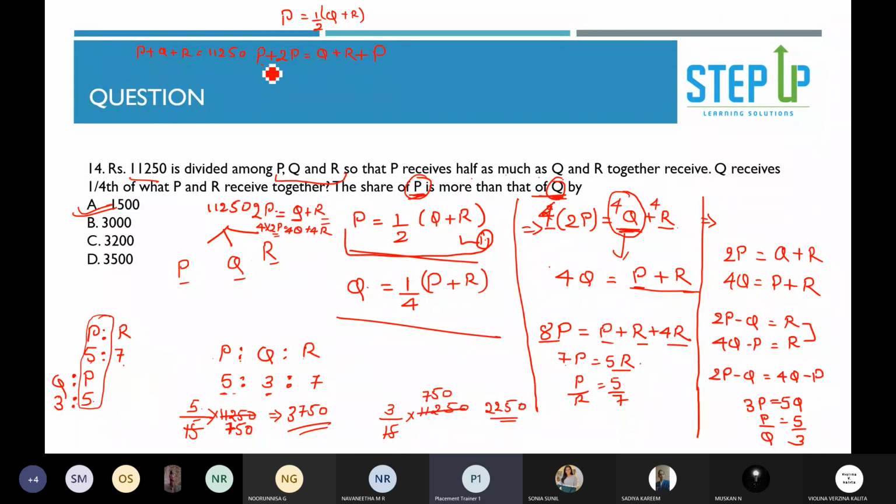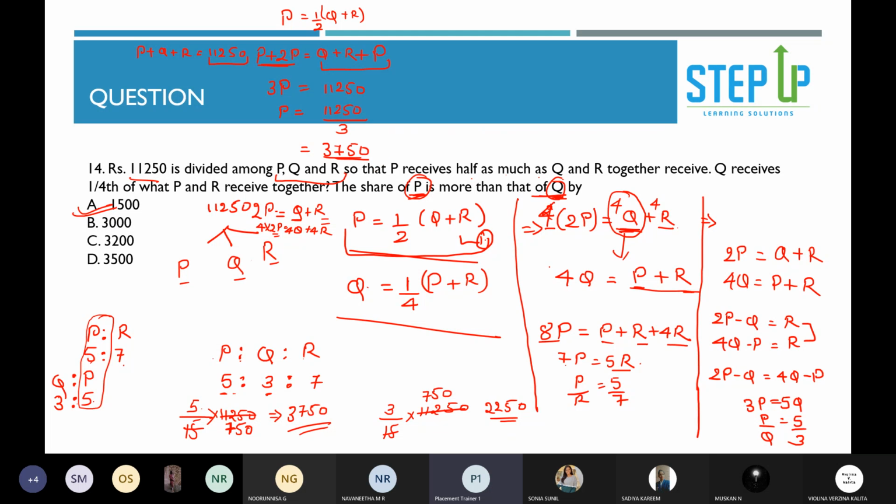If I add P here, what will happen? This will become 3P and this will become P plus Q plus R, which is 11250. So P is equal to what? 11250 divided by 3, which is 3750.